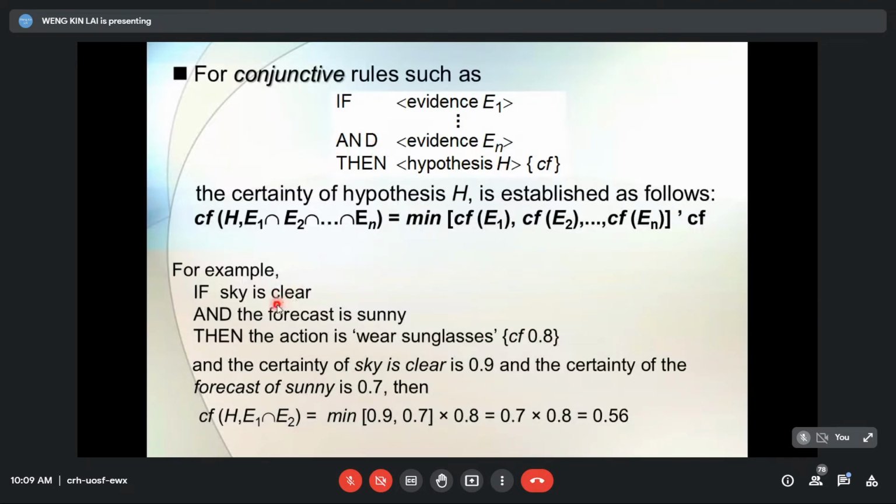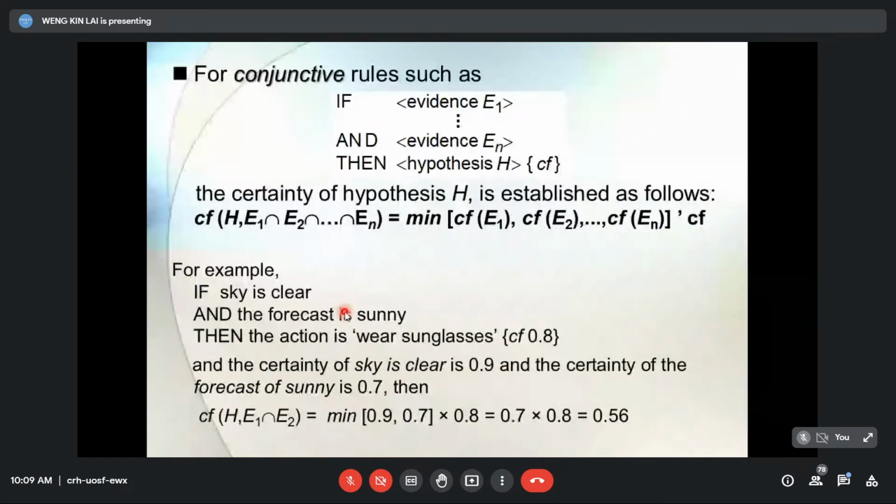If the sky is clear and the forecast is sunny, then the action is, what do I do? The system tells you, maybe you should, no, I won't say maybe, let's see later on. The action is the recommendation: wear sunglasses, with a certainty factor of 0.8. So this is the initial knowledge that we have.